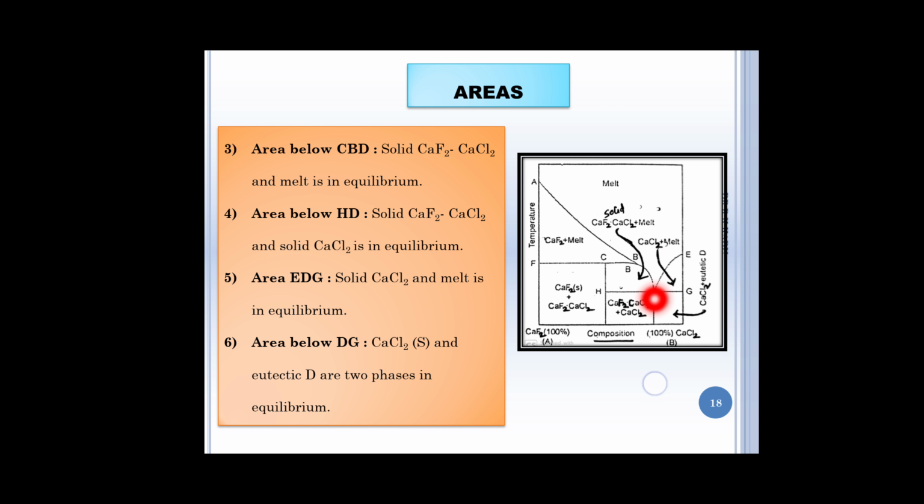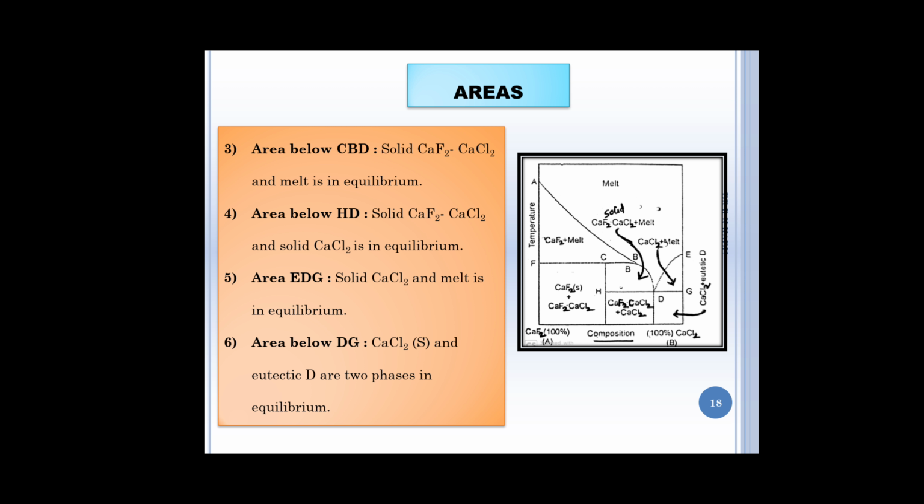As the arrow indicates here, CaCl2 and melt are in equilibrium. And the last one is the area below DG. Here this arrow is there for indicating CaCl2 which is in solid state and eutectic D are two phases in equilibrium.